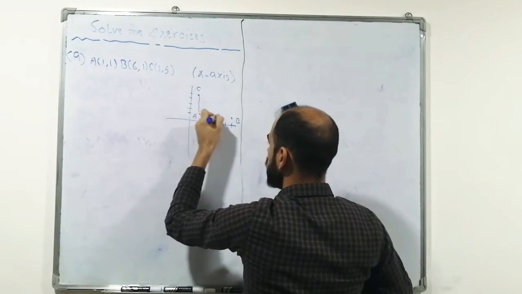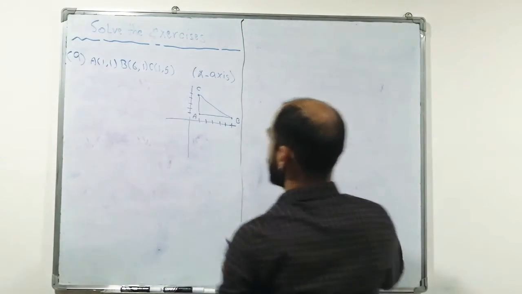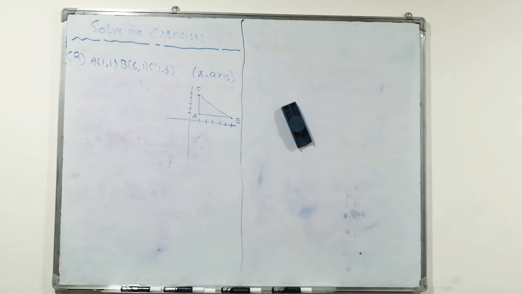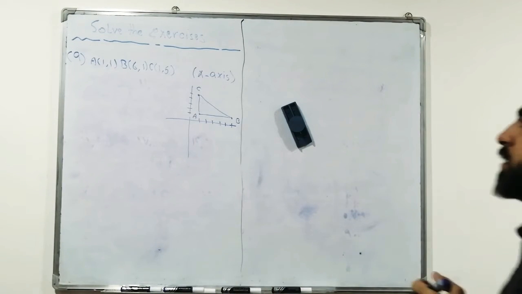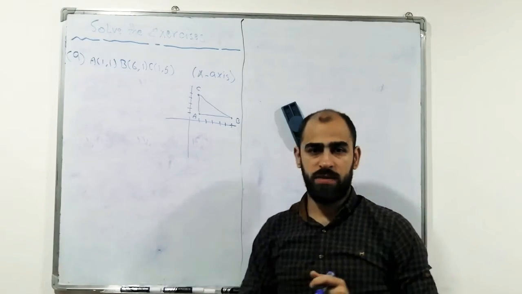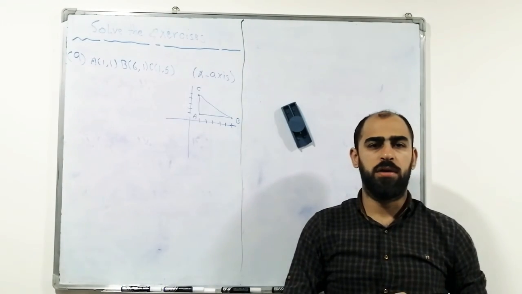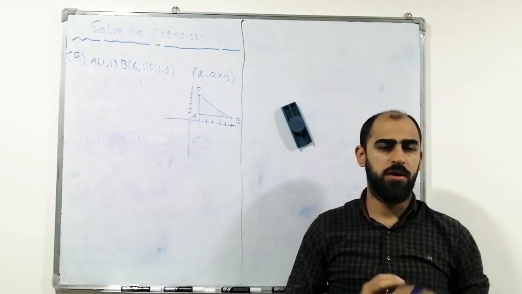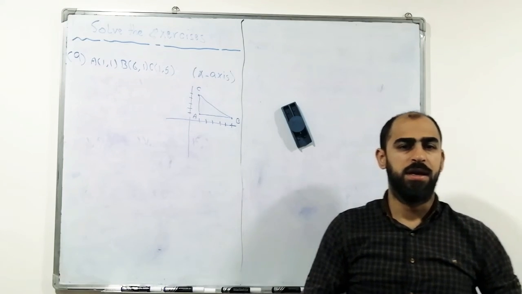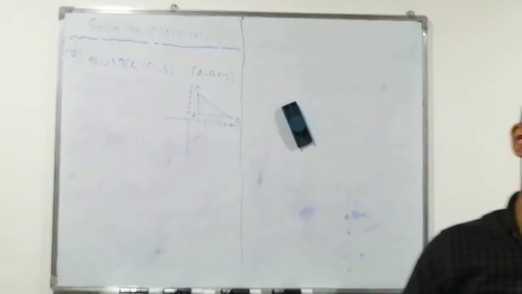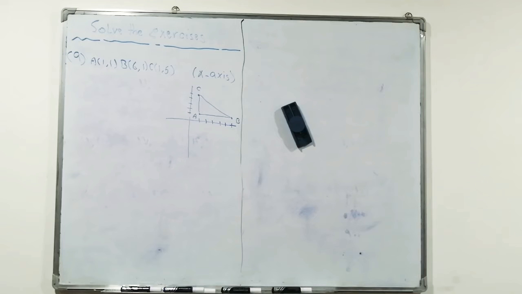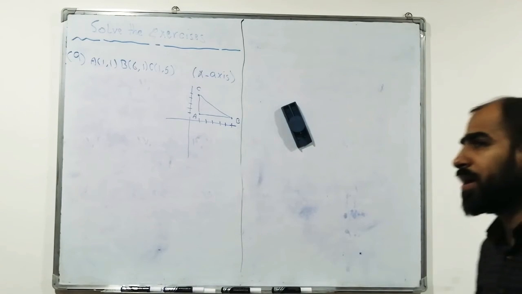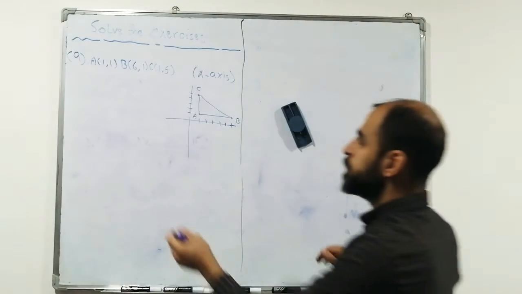The figure is a triangle. The reflection line is the x-axis. That means the reflection over the x-axis. When we have to find the reflection of any point with respect to the x-axis, we change the sign of y. انعكاس حول x نغير إشارة y.